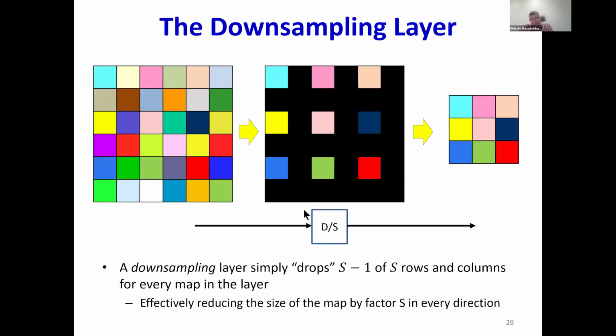So this is what the downsampling layer looked like. If I wanted to reduce the size of this map by a factor of 2, then all of these elements in black are going to be eliminated. So every second column and every second row is going to be deleted to give you this reduced map. Downsampling literally just drops rows and columns.